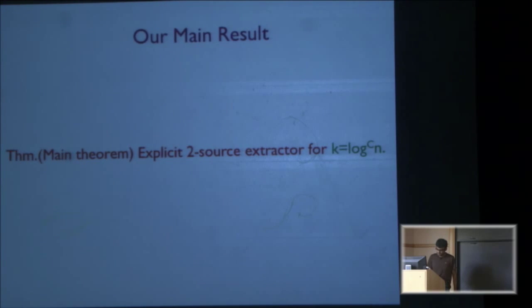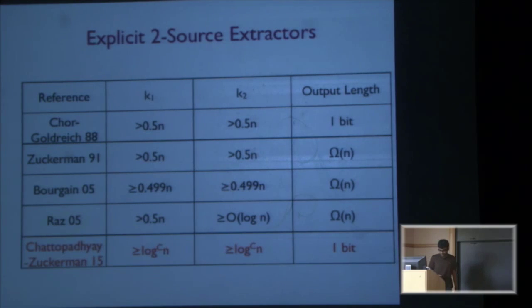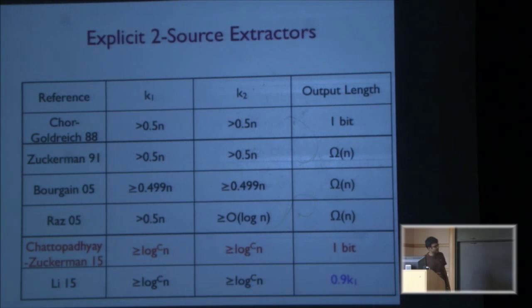And another follow-up work by Li has shown how to extract almost all of the randomness out of the extractor, and this builds upon our construction. Another thing is our extractor has polynomially small error, so that's one direction where we hope future work will get it to exponentially small error.